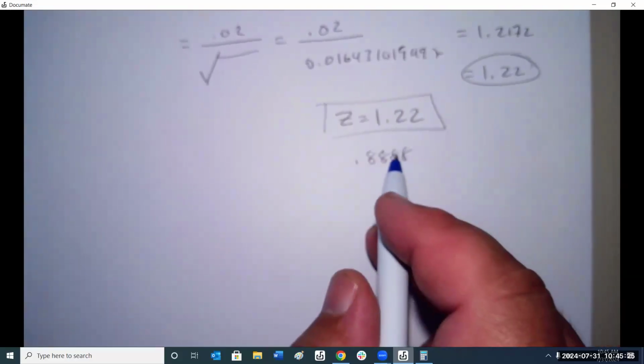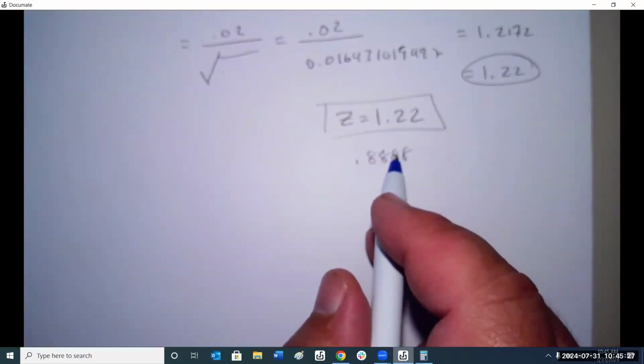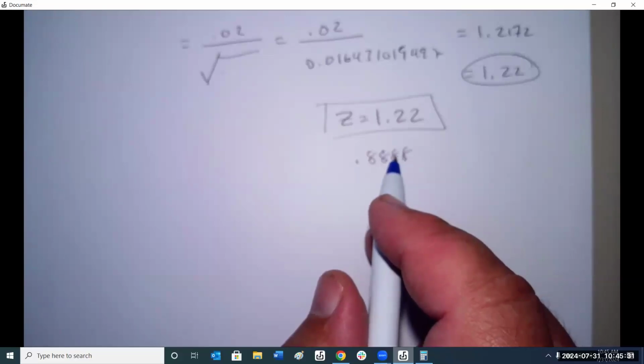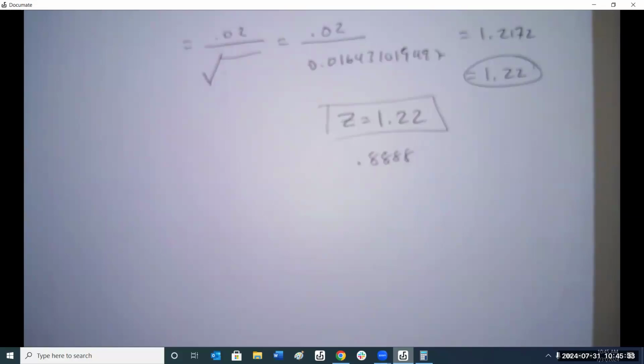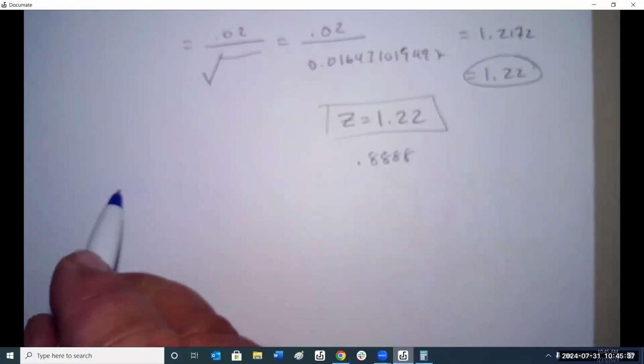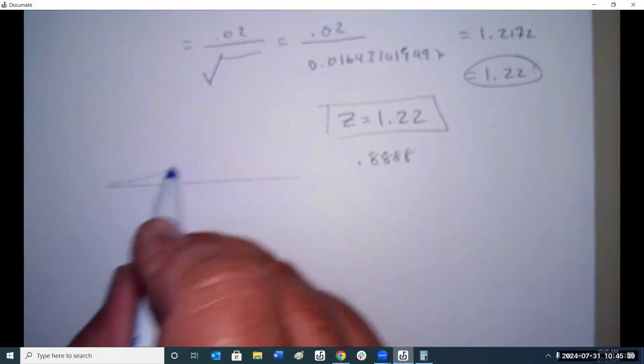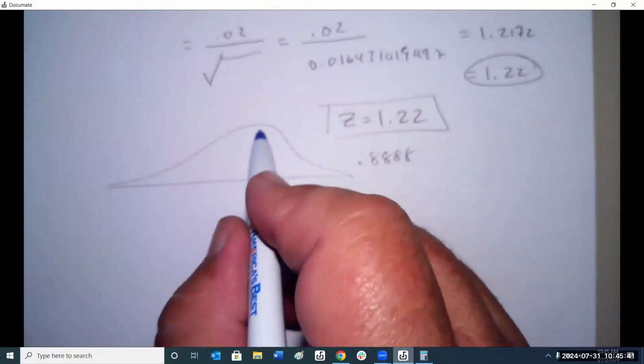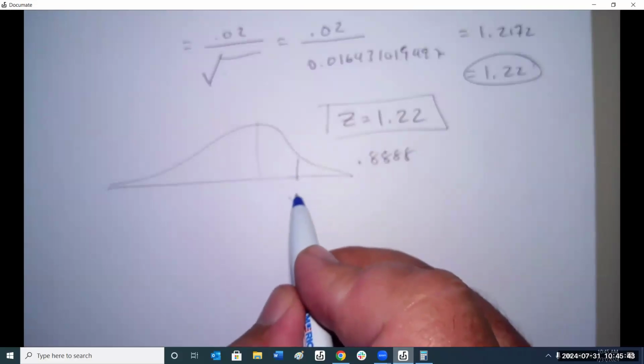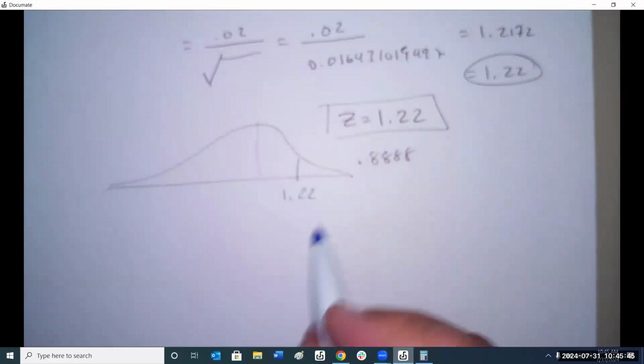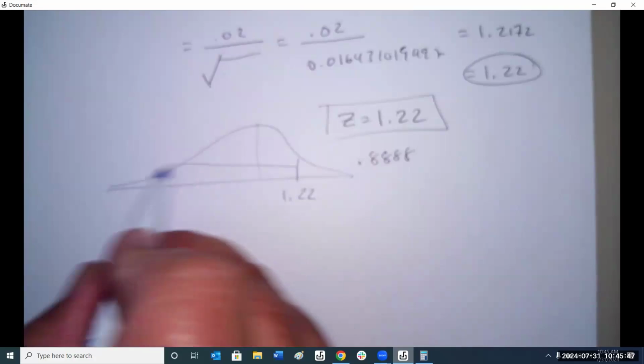So what do we do with that? That's 88.8%. So that is this area here.